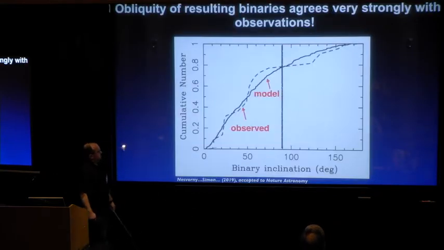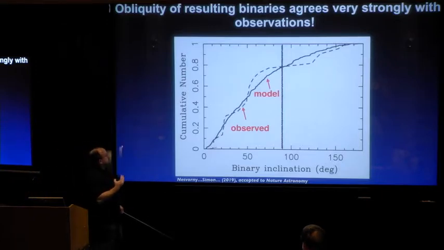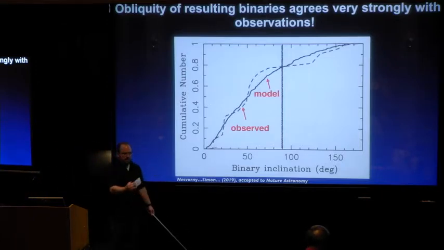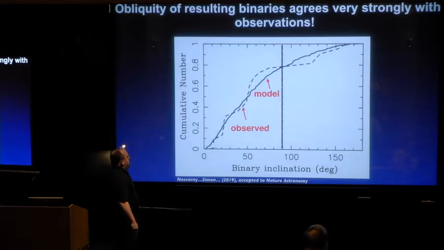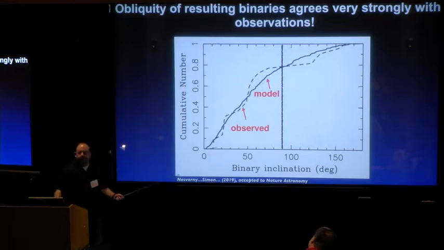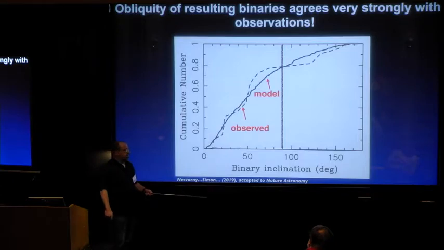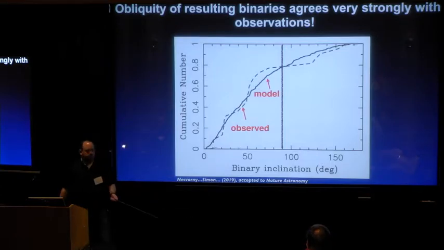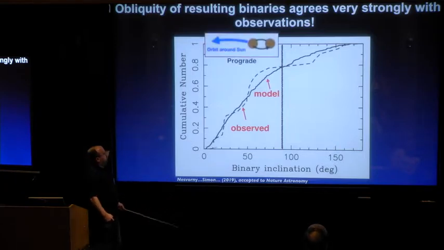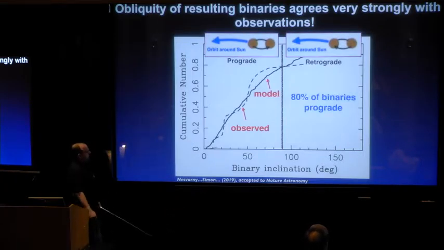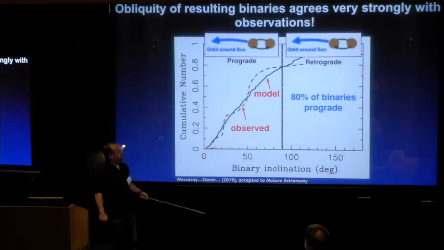So that's interesting. We looked at the obliquity, basically the vector of the angular momentum compared to the vertical direction of the disk, and compared it to obliquities of binaries in the cold classical Kuiper belt, which I think is going to be published in Icarus by Will Grundy's group. And basically, we found a very good match, and we found that nearly 80% of binaries are prograde, which is in agreement with observations.